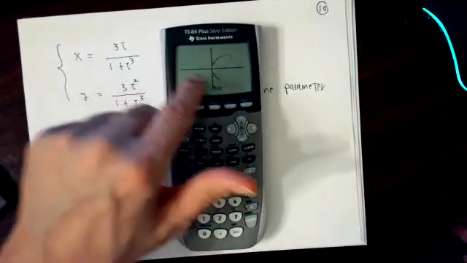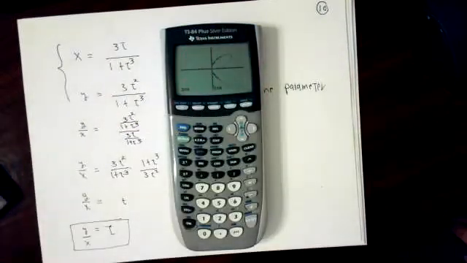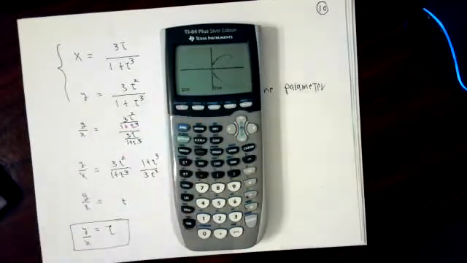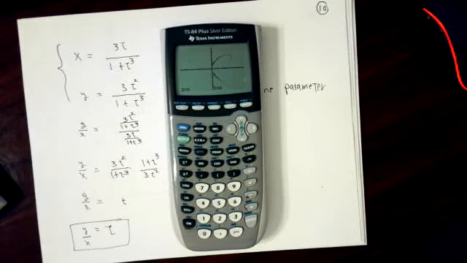So you can see that there's almost a loop here, but it doesn't close up because these points never got back to the origin. This graph is much more complicated than it looks at first. And if we didn't know any better, we would think that that straight line was part of the graph.